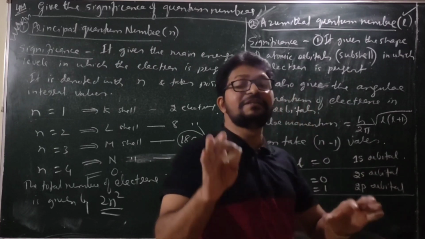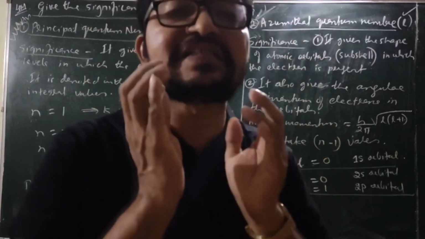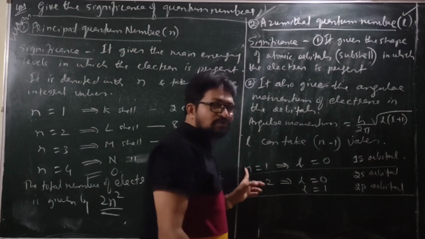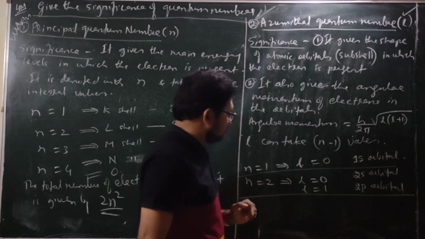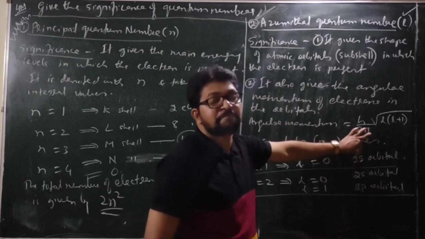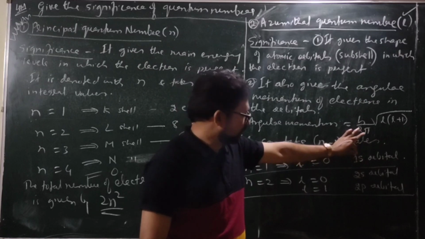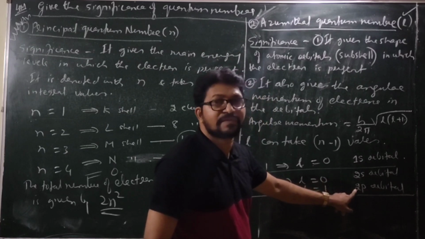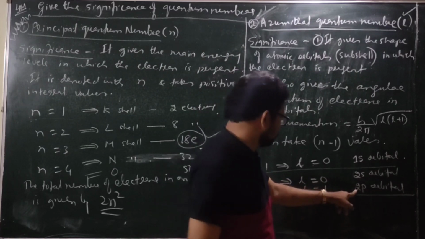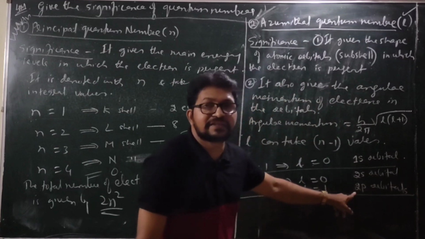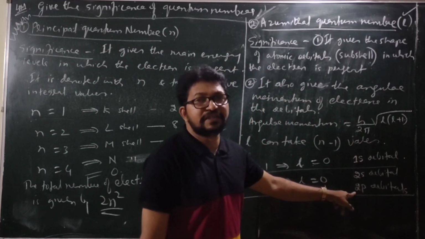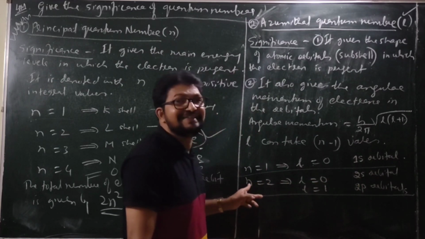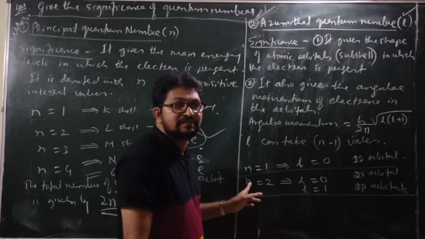Students, why the 1p orbital is not there is answered: the capacity of the K shell, n equal to 1, is only 2 electrons. What is the maximum capacity of one orbital? 2 electrons. How many p orbitals are there? 3 are there, so 3 into 2 is 6, plus 2 is 8. What is the capacity of the L shell? 8. Do you agree?